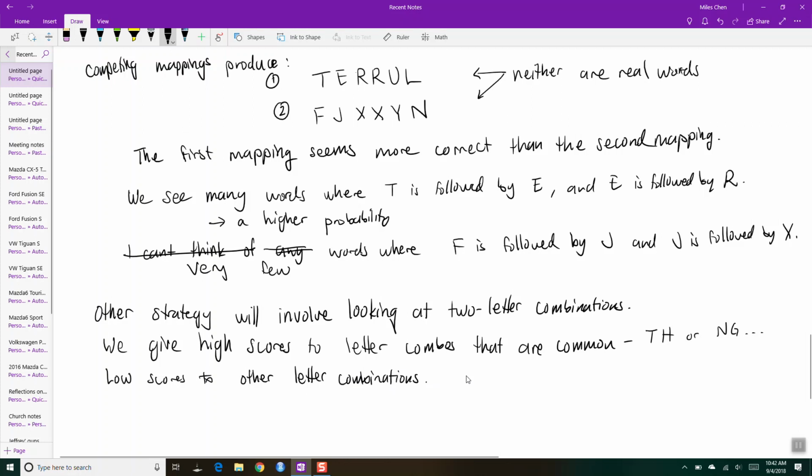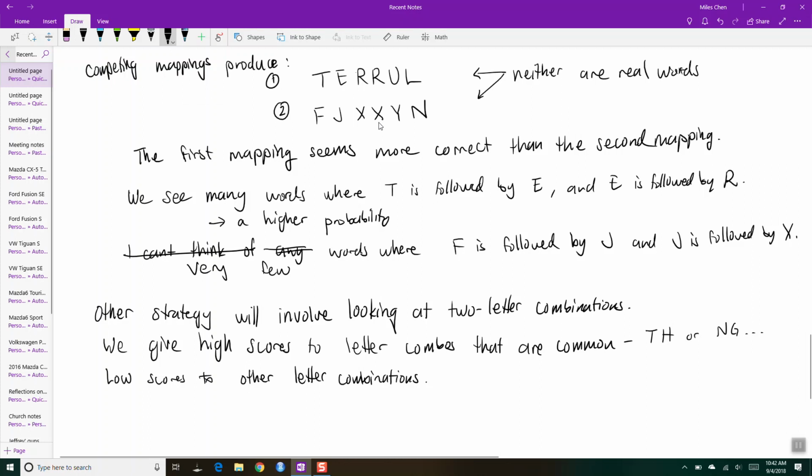And we'll use that to help us evaluate one over the other, and we would give a higher score to this mapping and a lower score to the second mapping based on the two-letter combinations.